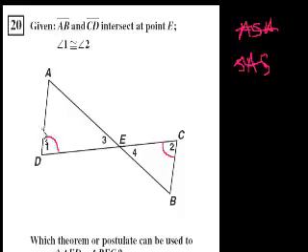In fact, I think that's enough to show that this line is parallel to that line. If you view DC as a transversal between these two lines, and the alternate interior angles are congruent, you know those are going to be parallel lines. But anyway, I don't know if that's at all useful.